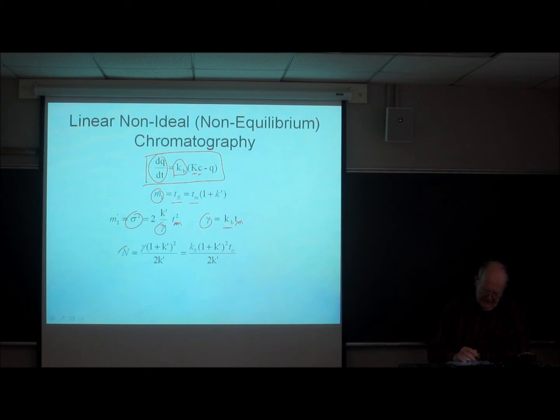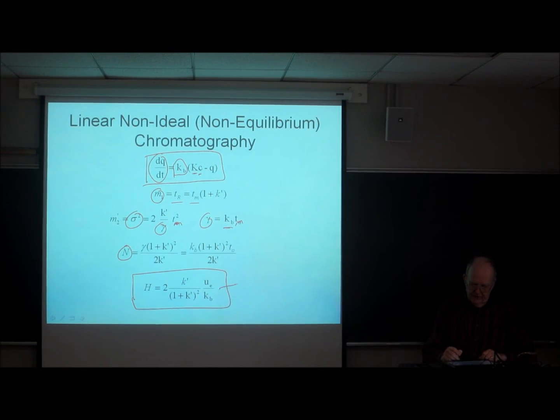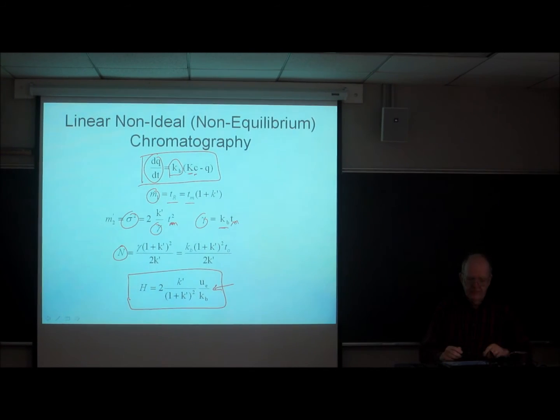I can derive from there the plate count, and then finally from the plate count and length I can get to the equation for the HETP. And this equation is exactly the same as the equation that Giddings and Eyring derived. Remember the K prime over 1 plus K prime squared relationship, the interstitial velocity, and the backward rate constant. In the Giddings-Eyring derivation, we called it the KD, the dissociation, the desorption constant. This is the reversed rate constant.